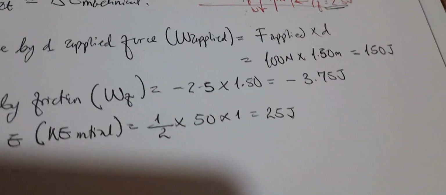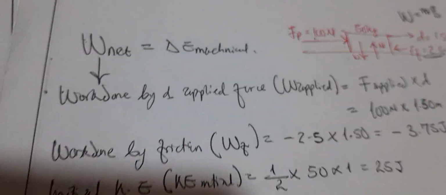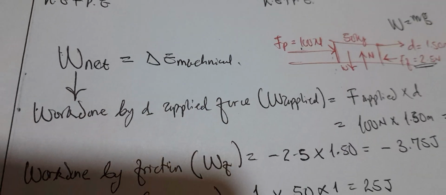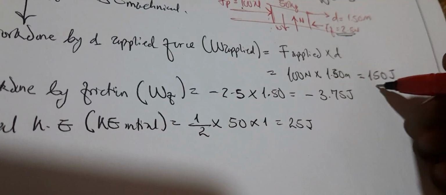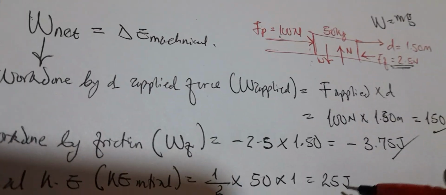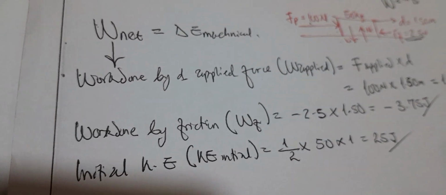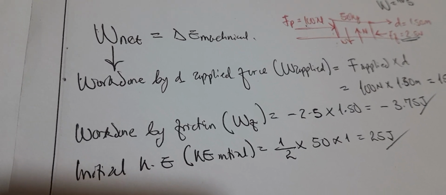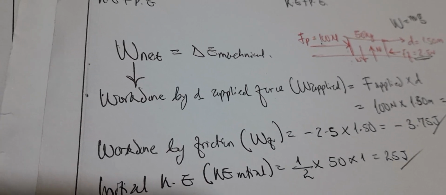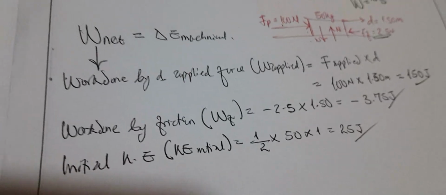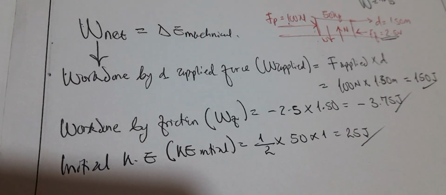So this is the net force for the work done. All we need to do is add these values together, and we're going to get the net work of the question.